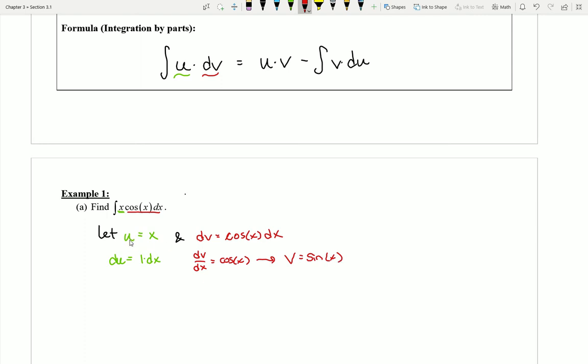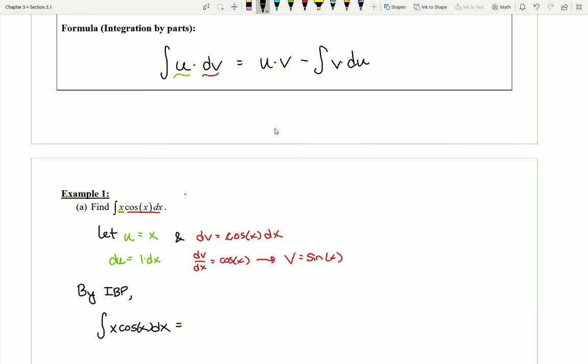And now since I have this u, v, du, and dv all identified, I could start to say that by integration by parts, and feel free to use this abbreviation in your work, it's very common for me to use in mine, I can state that the integral that I started with should be equal to, and I'm just going to fill in this formula.